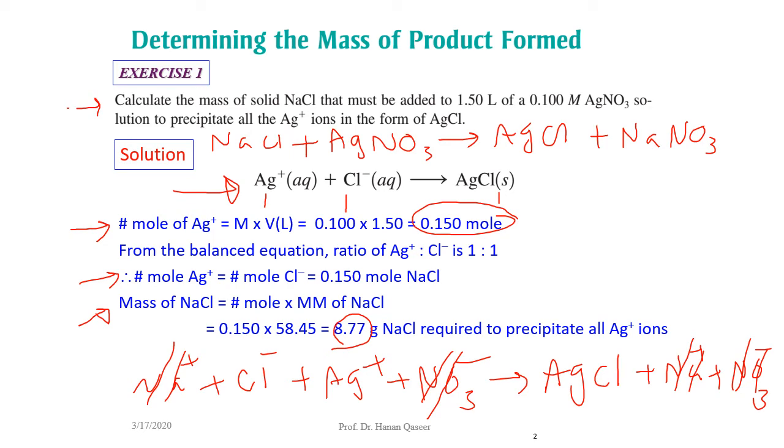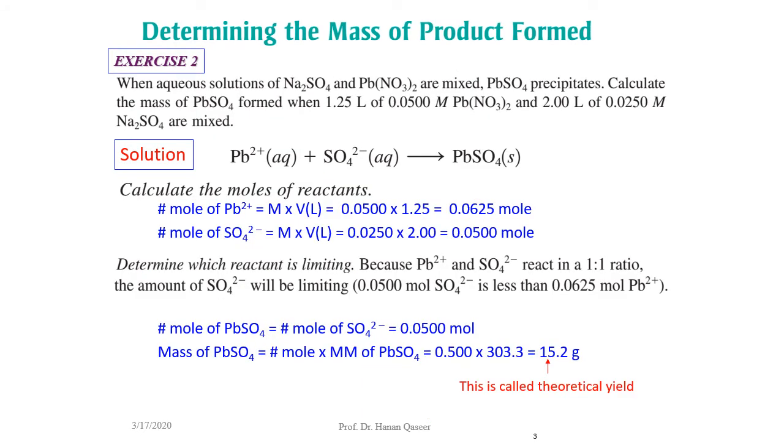The next slide will show us exercise number 2, the reaction between sodium sulfate solution with lead 2 nitrate, mixed together to produce lead sulfate as a precipitate.